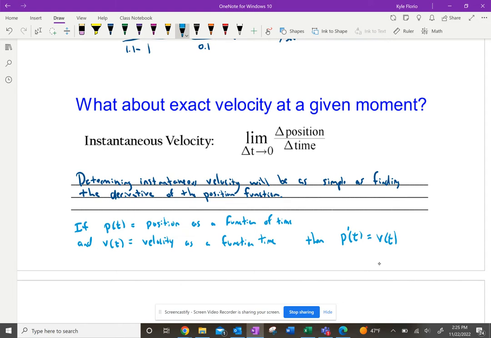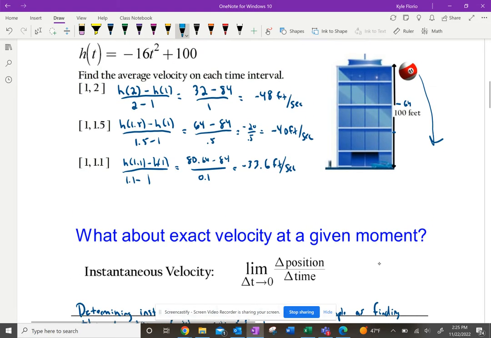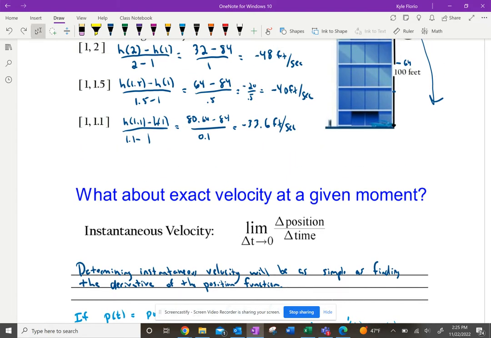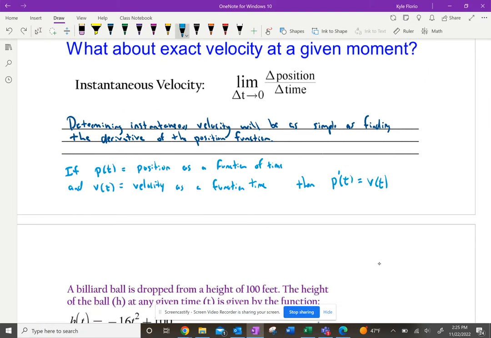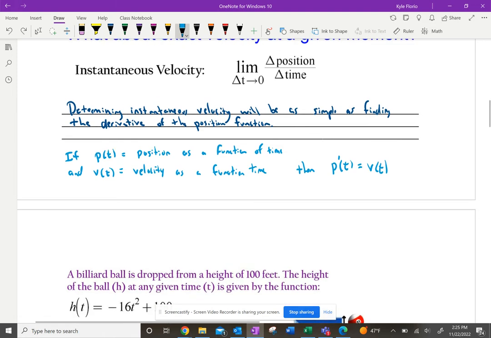So the rate of change of position, if you go back up here, is feet per second, which is a rate of change. Those are all velocities. So as feet per time changes, that's what we call velocity. And it makes sense that the derivative of position should be velocity.